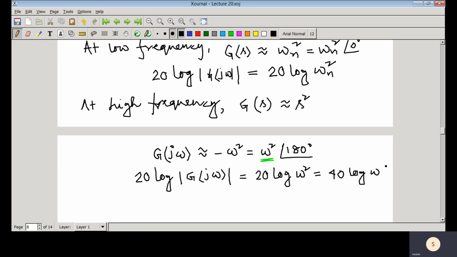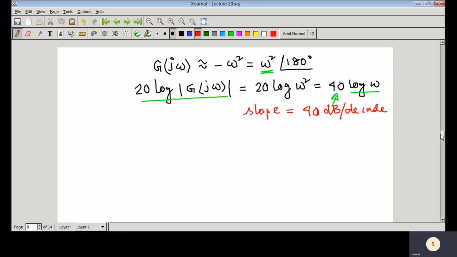And it is interesting to see that if this is that y, that is in dB, and this is that x, so the slope is actually 40 dB per decade. So in case of that first order factor, we have seen that slope becomes 20 dB per decade, but here the slope is 40 dB per decade.